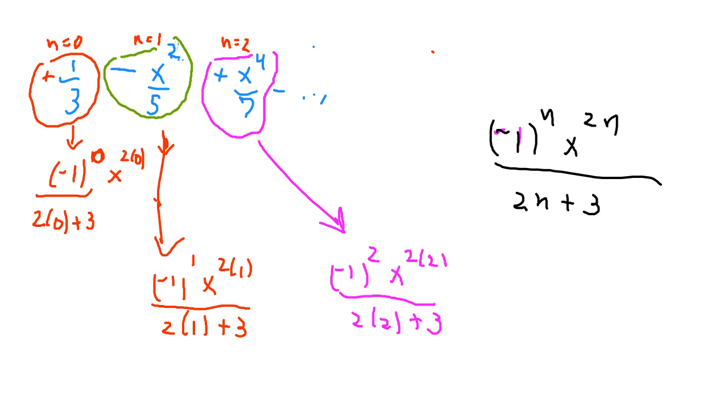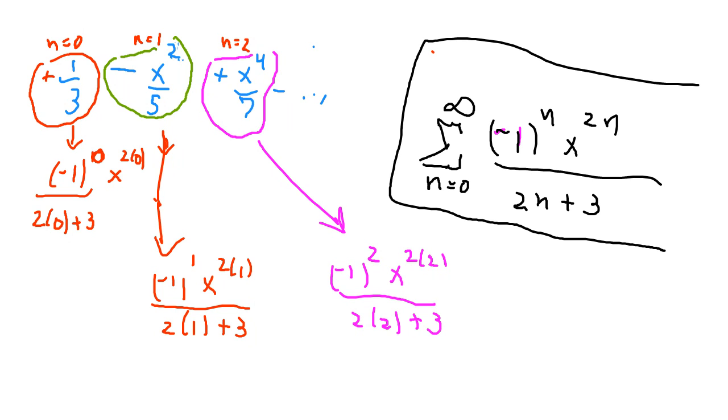That's the pattern that I'm seeing based on writing out the first three terms of the series, where n equals 0, 1, and 2. Is this okay? Are there any questions on this?